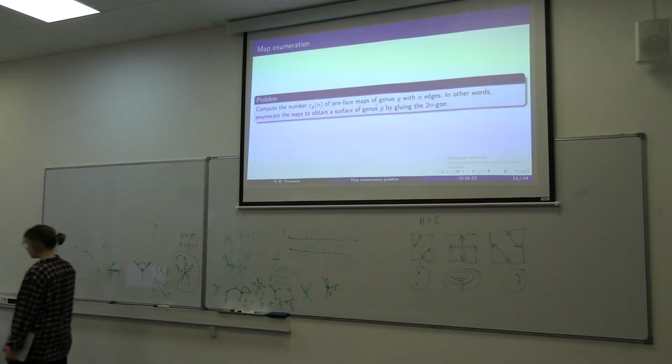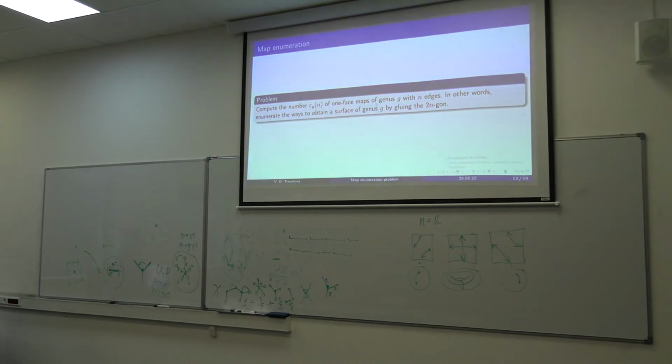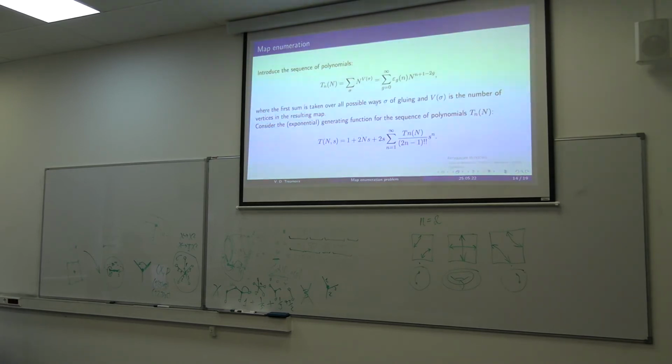But we want to study these quantities for arbitrary n and g. For this, we introduce the sequence of polynomials, where the first sum is taken over all possible gluings.